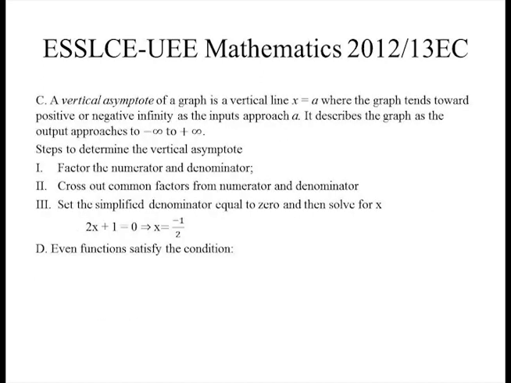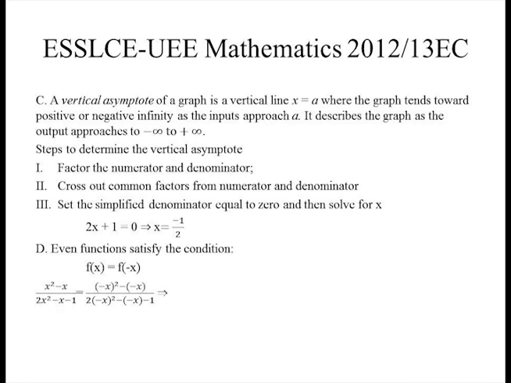An even function satisfies the condition f of x is equal to f of negative x. f of x is already given, x squared minus x divided by 2x squared minus x minus 1, which is equal to f of negative x, negative x squared minus negative x divided by 2 times negative x squared minus negative x minus 1.